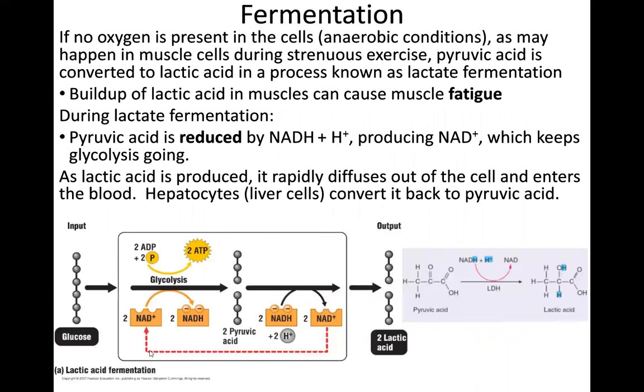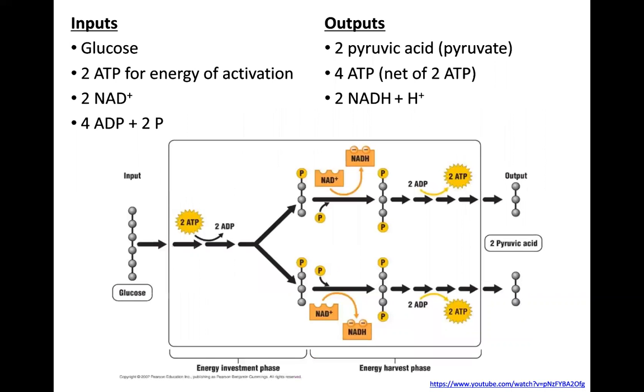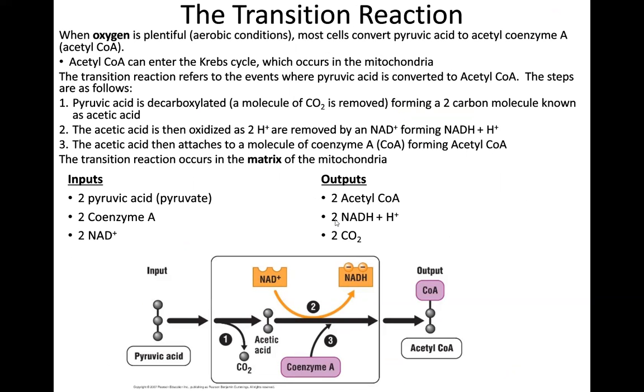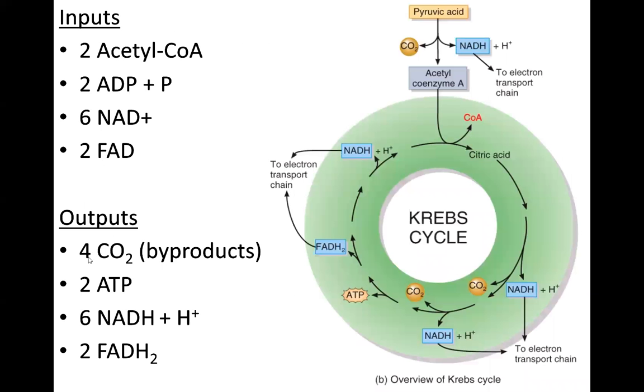Okay, going back to glycolysis, we form 2 NADH plus H pluses. Okay, when it comes to the transition, we form 2 more. So that's 2 plus 2, 4. And then you add 6 more to that, that's 10 NADH plus H pluses. And then 2 FADH2s, that's 12 different things that are carrying electrons and hydrogens.